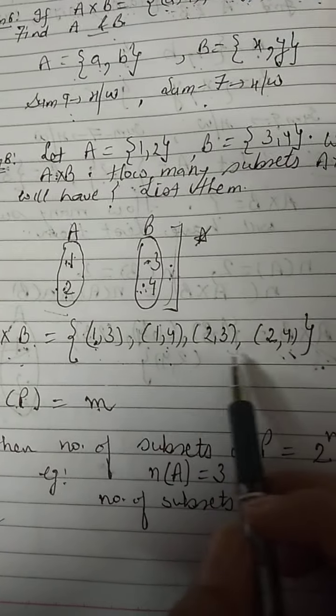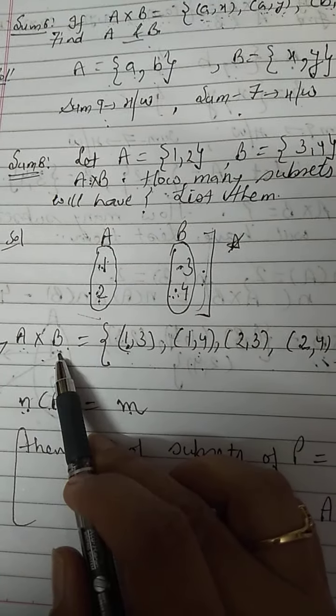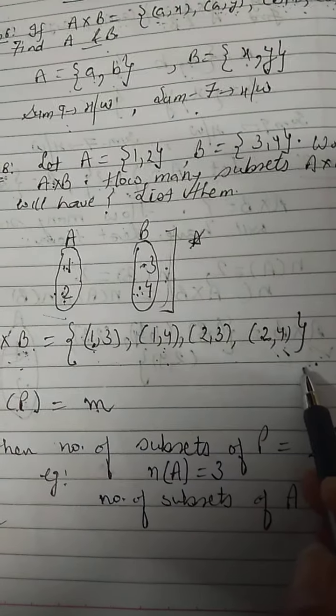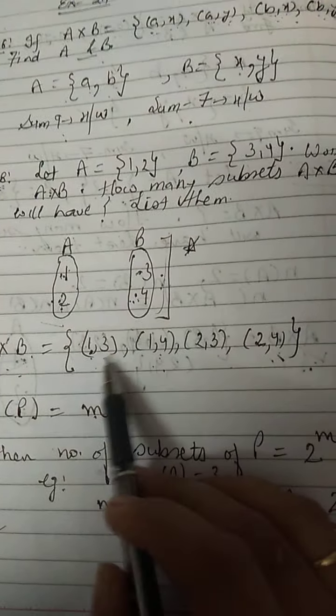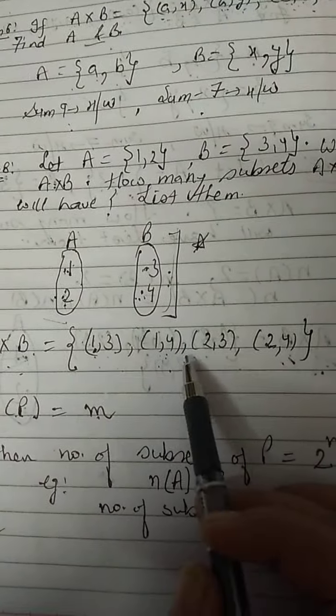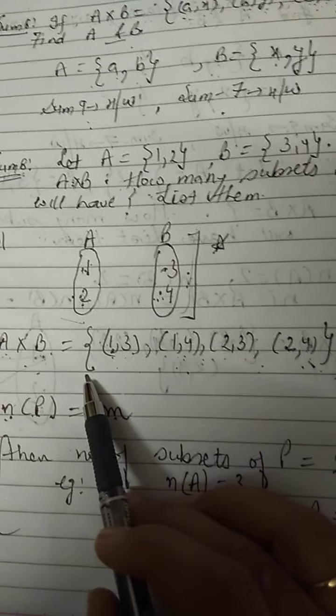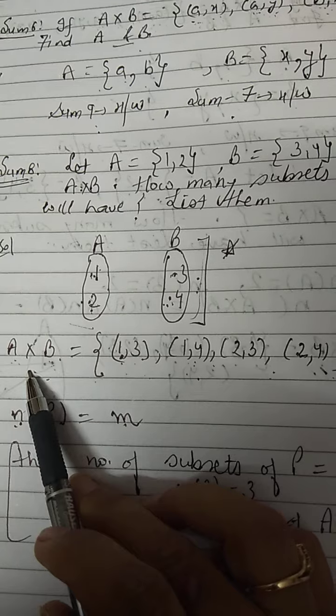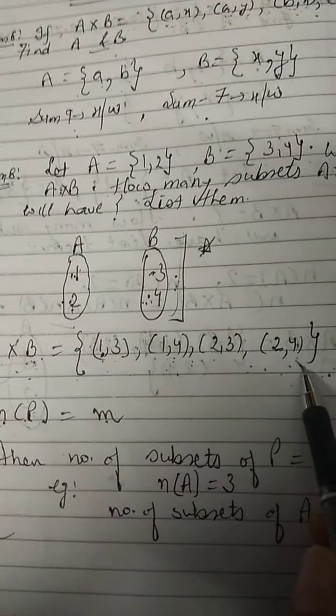Now, if you look at the form of A into B, that is the Cartesian product of A and B, it fulfills the definition of a set. What is that? The elements are well defined, separated by commas, written within curly braces. So again, A into B, the Cartesian product of A and B, is again a set only.